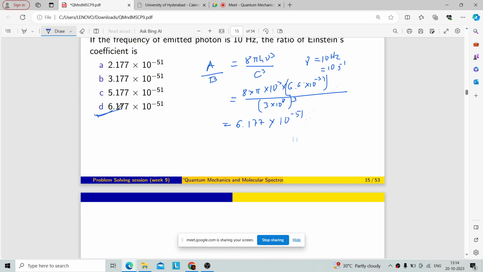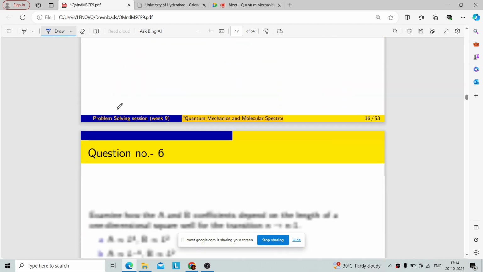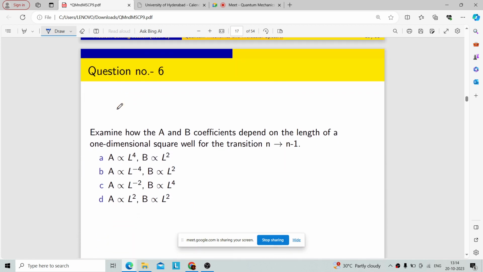Okay, so D will be the right answer. And then moving on to the next question.